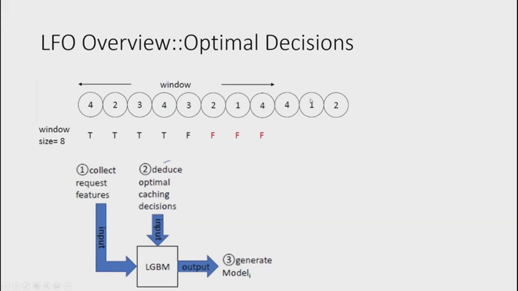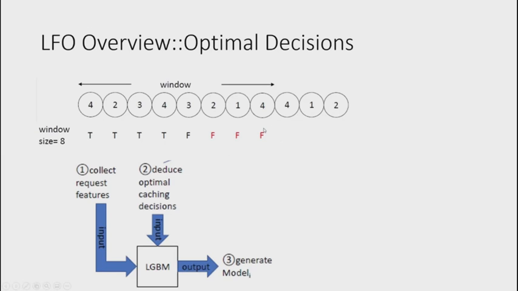It doesn't know that 4, 1, and 2 are going to be immediately accessed at the very beginning of the next window. Therefore, these three decisions, we call them false negatives.